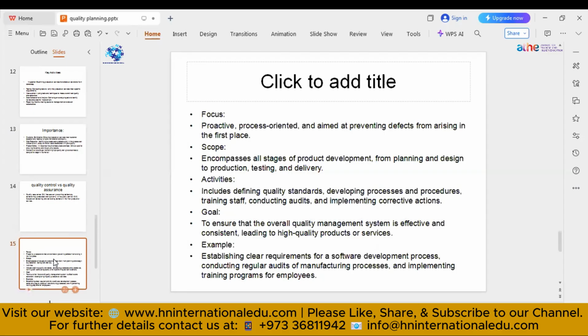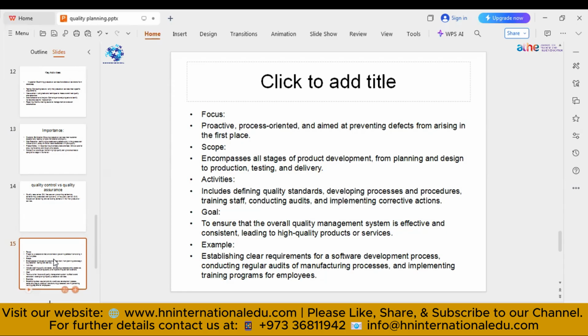Now, what are the activities? Includes defining quality standards, developing processes and procedures, training staff, conducting audits, and implementing corrective actions. The goal is to ensure that the overall quality management system is effective and consistent, leading to a high quality product or service.